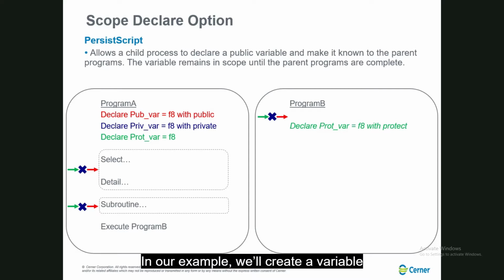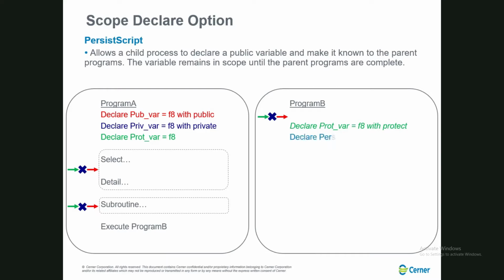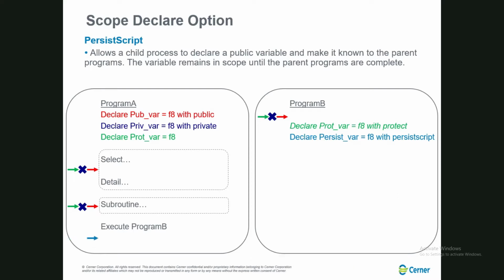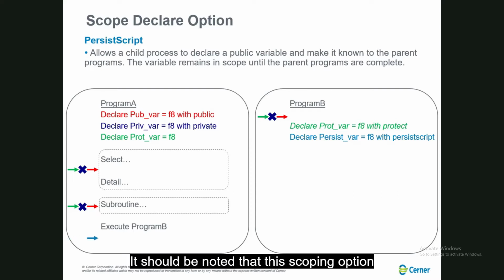In our example, we'll create a variable called persist_var in program B with a scope of Persist Script. When program B is done running and control returns back to program A, persist_var will be known in program A. It should be noted that this scoping option goes to the highest parent program.